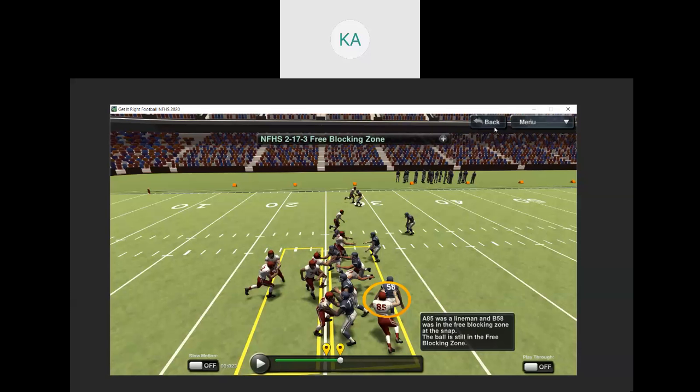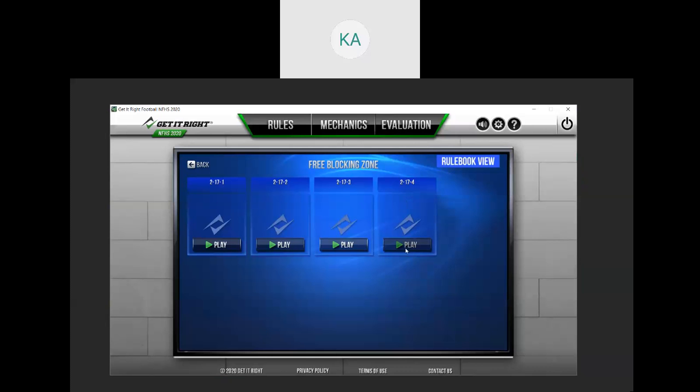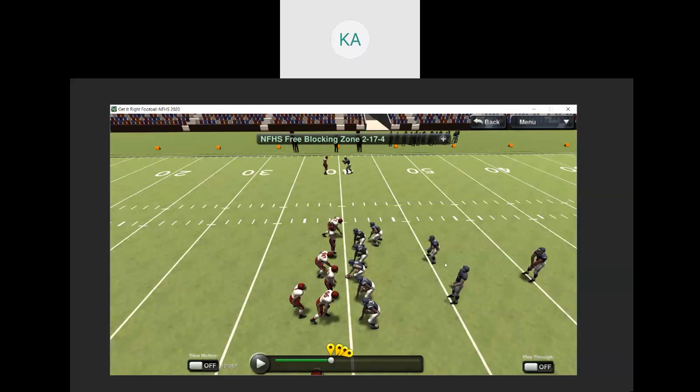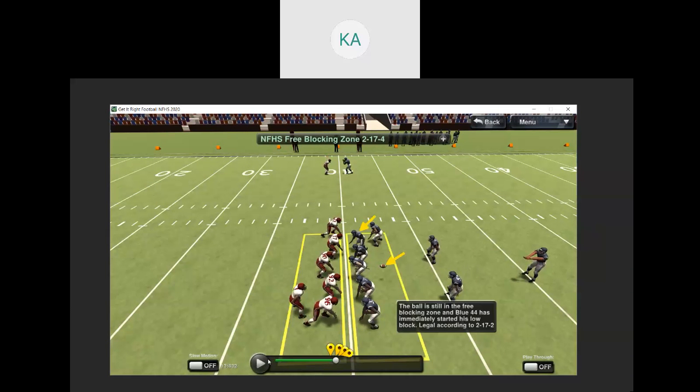If this was a shotgun formation, then you would consider the ball to have left the zone, right? Yep. So we've got a punt formation right here. There's our free blocking zone, and we'll talk about blocking below the waist.